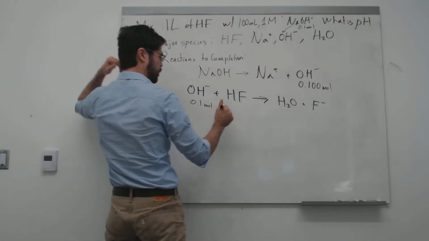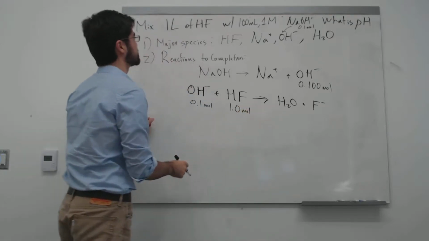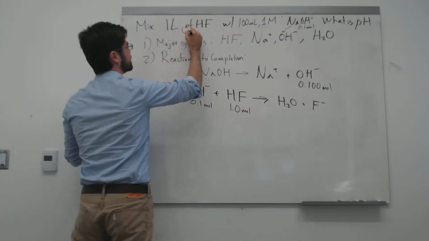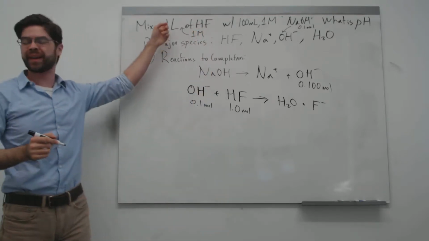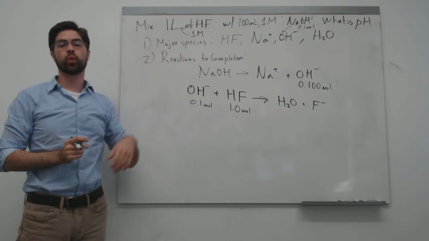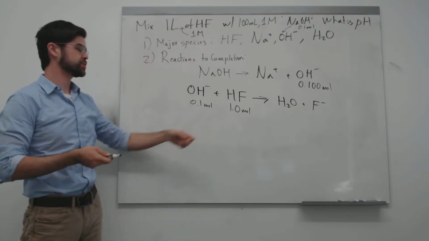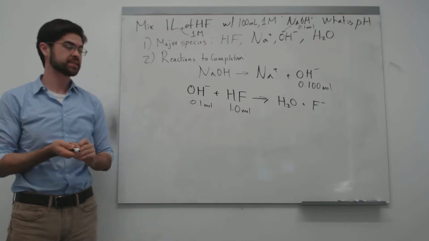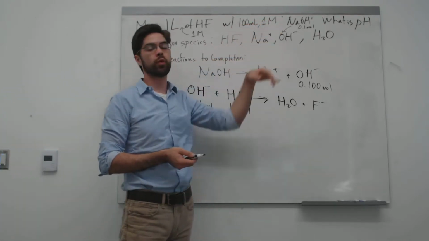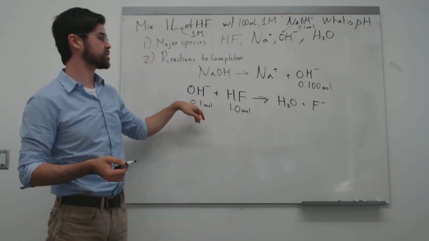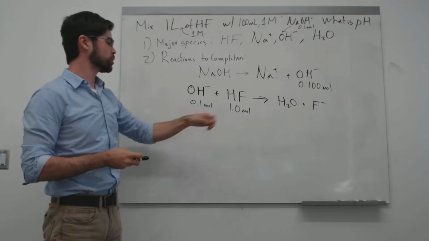So if I start with 0.1 moles of hydroxide and 1 mole of hydrofluoric acid, which is what I was starting with, I apologize, it was 1 liter and 1 molar. A 1 liter of a 1 molar solution of hydrofluoric acid should have 1 mole of hydrofluoric acid present. If I'm adding 100 mils, 1/10 of a liter, of 1 molar hydroxide, I should have 0.1 moles of hydroxide ions. Those will react.